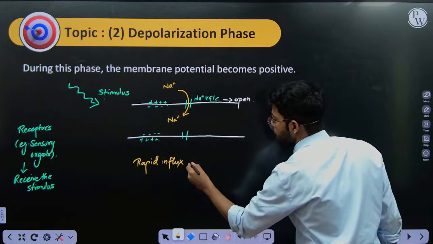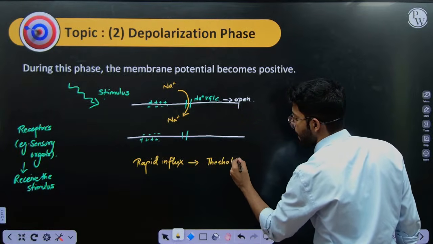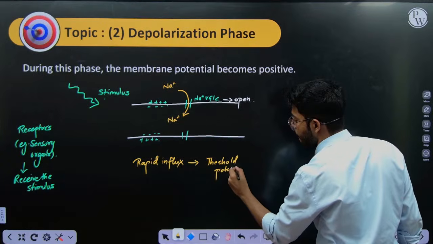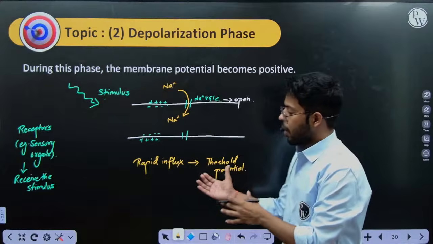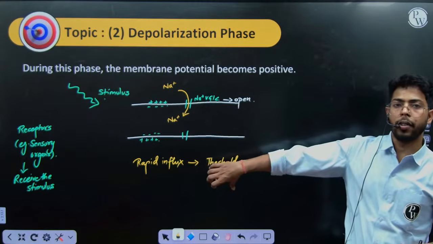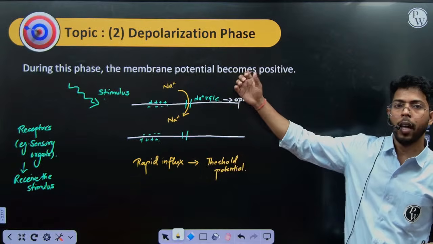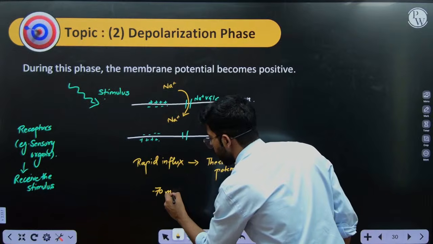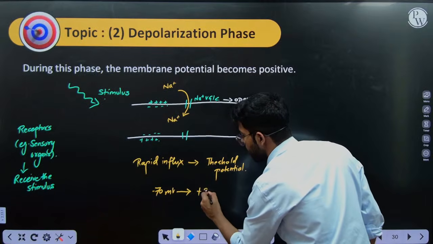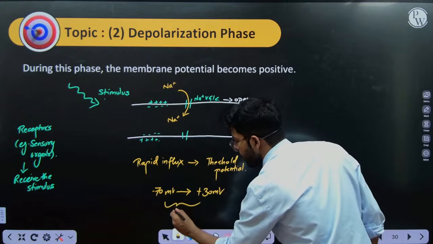First, it will reach the threshold potential. If they pass this threshold potential, then there is a surge, a gradual increase of the membrane potential. It will reach from minus 70 millivolt to plus 30 millivolt. This is the depolarization phase.